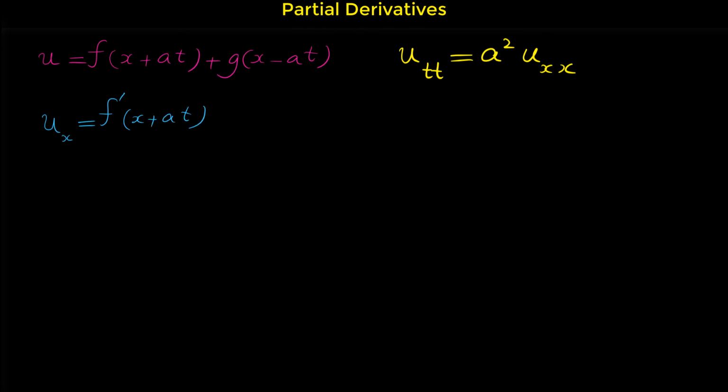But don't forget, when we find derivative of any function, we have to multiply it by derivative of the inside because of the chain rule. Derivative of the inside, derivative of x plus at with respect to x is 1, because derivative of x is 1 and derivative of at is 0. In at we don't have any x, and derivative of at, because it's constant with respect to x, is 0. So derivative of f of x plus at with respect to x is f prime of x plus at.